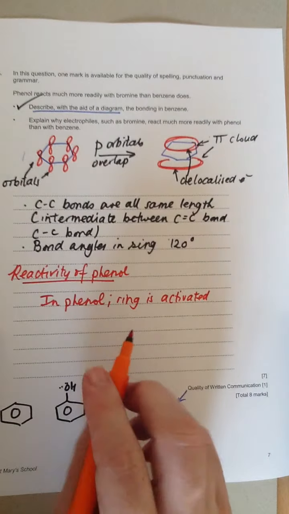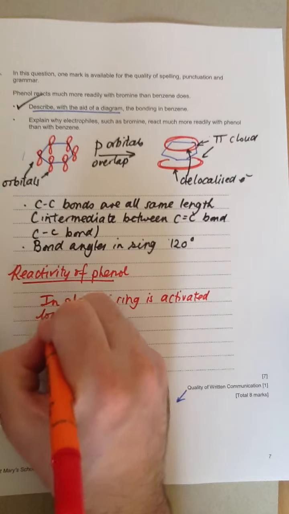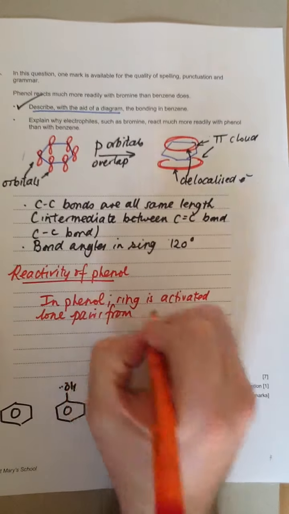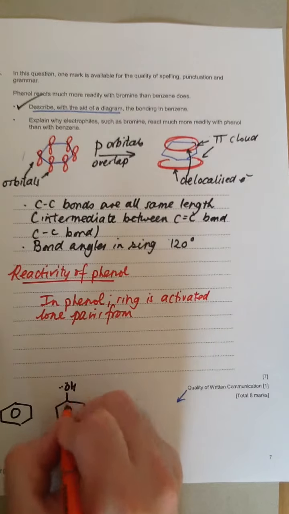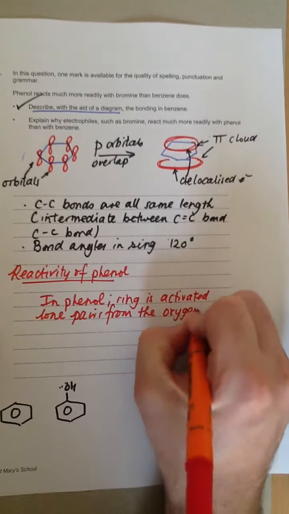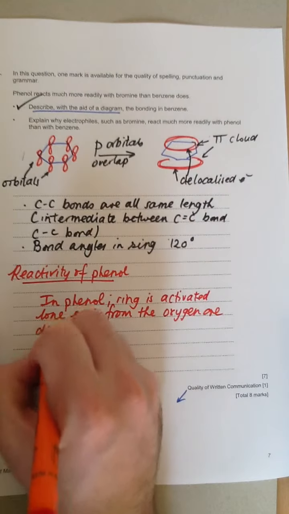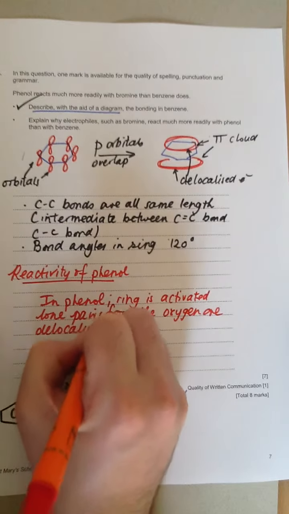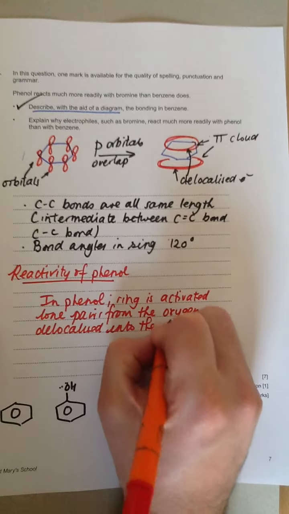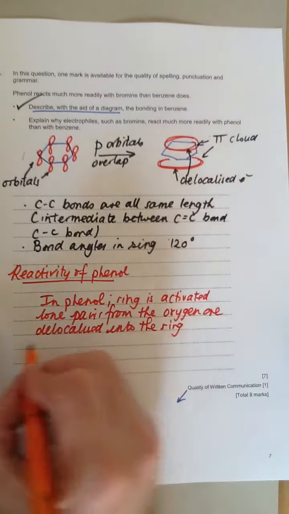And what we mean by that is because the lone pairs from the oxygen are delocalized into the ring. So those lone pairs there get sucked into the ring, delocalized into the ring.